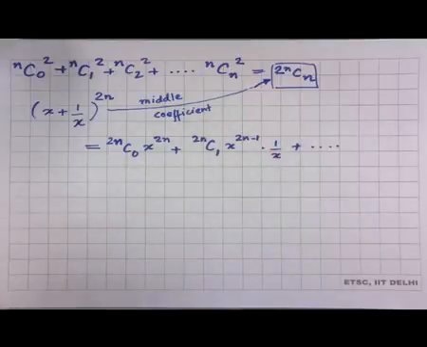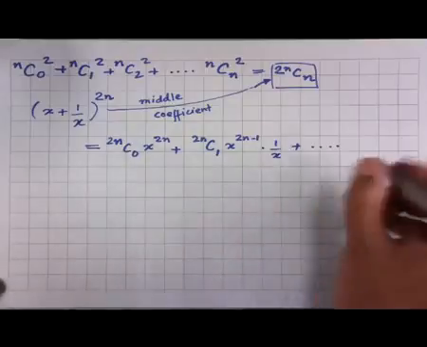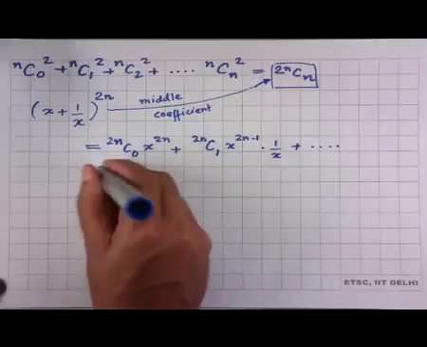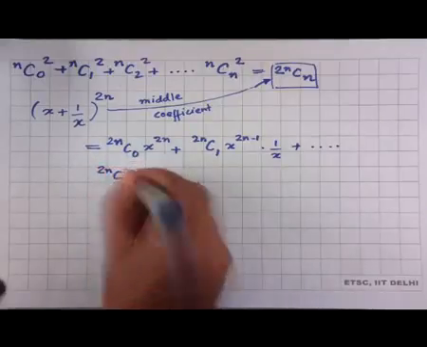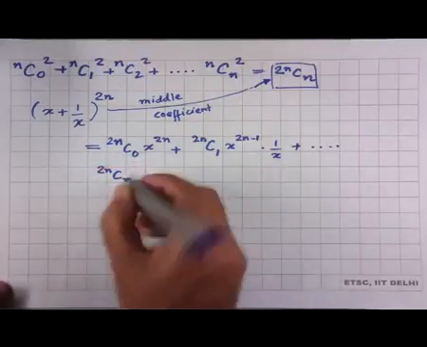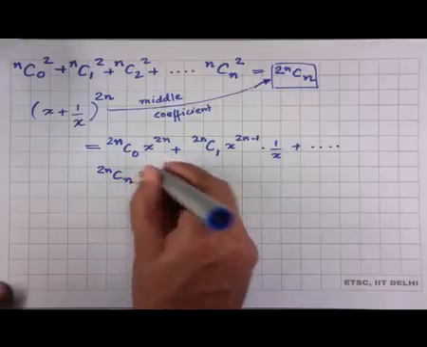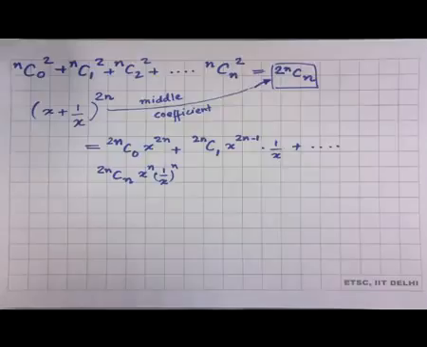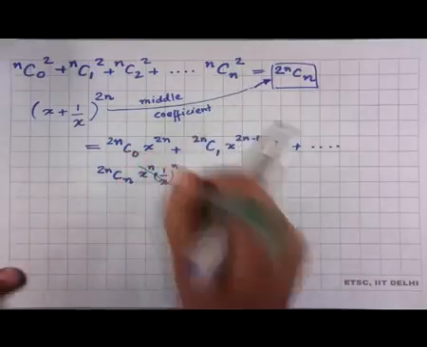The term in the middle is 2n Cn x power n times 1 by x power n, and these two politely cancel out.